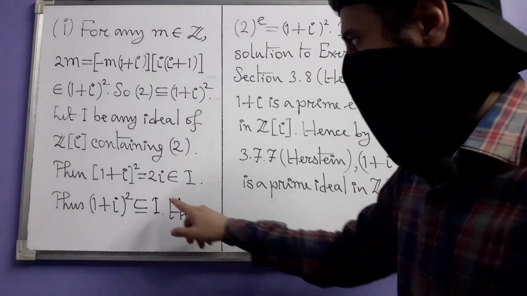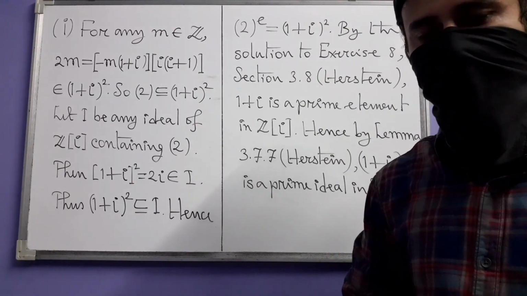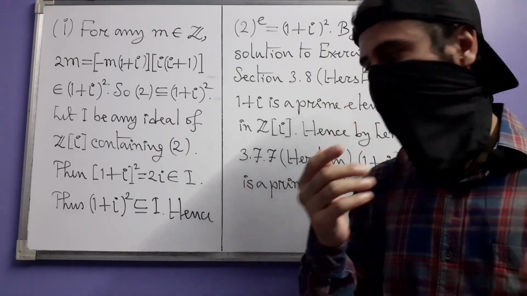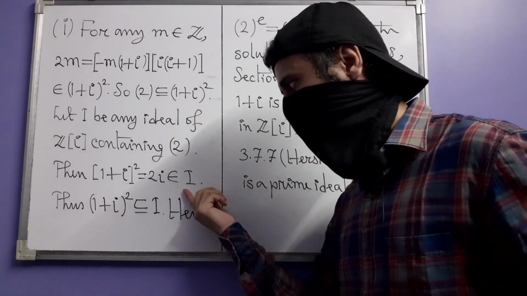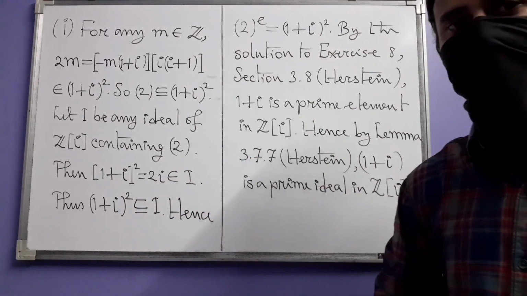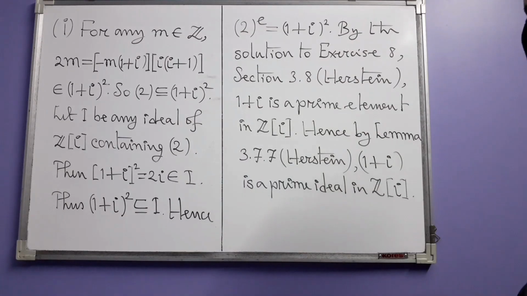Because (1 + i) squared belongs to this ideal, if you multiply it by some other complex number, that will also belong to this ideal. That is how the general element of this square looks. That is why this is a subset of I.